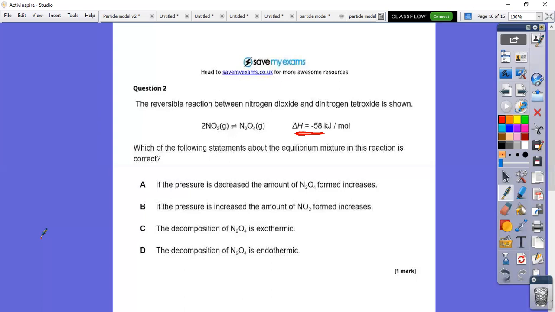Would it be B? Did you go for B? Yeah. Okay. So let's have a look at this one again. Let me just reduce this. I know it was N2O4 as well. So which one are you going for? I haven't read the other ones, but okay. Have a go again. No problem.